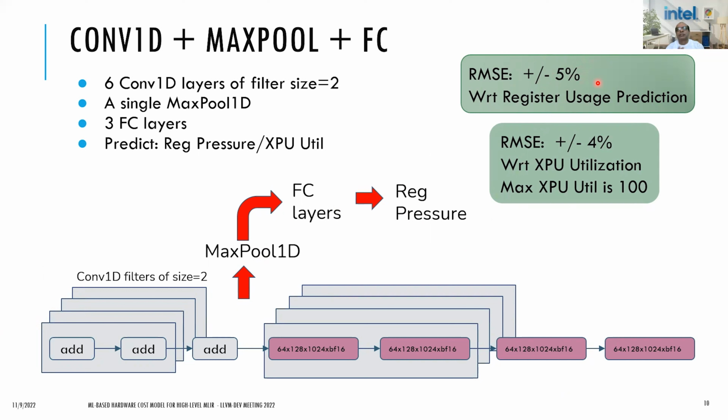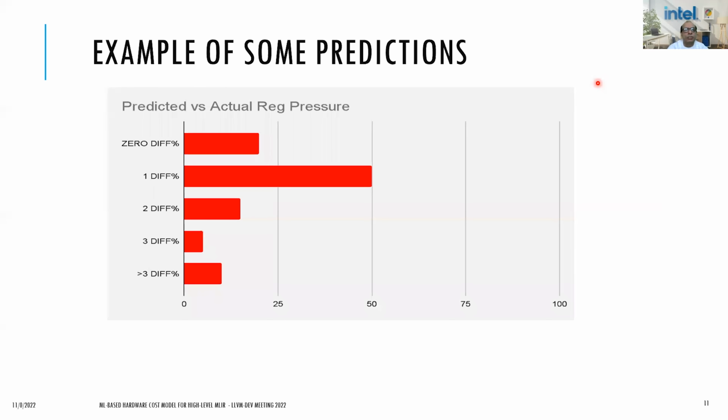Now, this is only done for certain systems. It's not that we have played around with a lot of other systems, but these are very initial results, which look very promising. And these are examples of some predictions. For register pressure, the percentage of cases where the difference is 0, meaning no difference between actual and prediction, is close to about 20 to 23%.